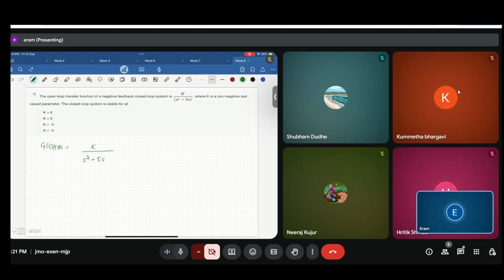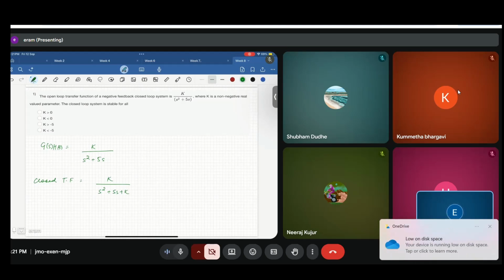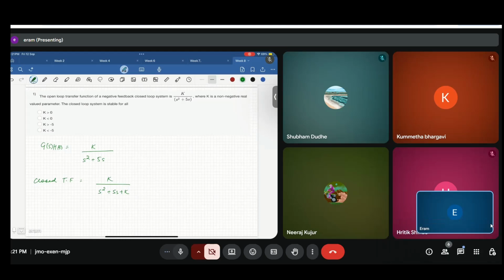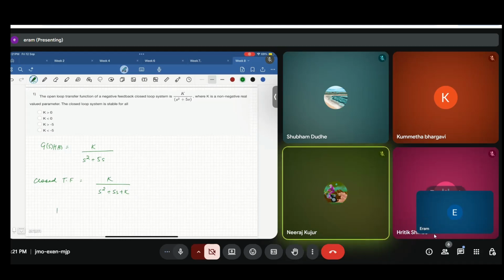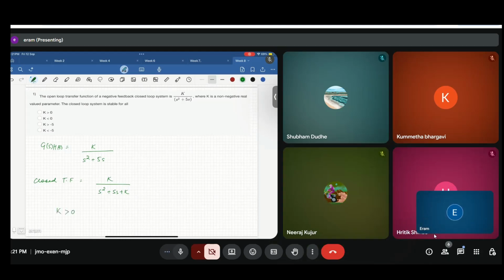So what will be the closed loop transfer function? It will be k divided by s square plus 5s plus k. For what value of k will the roots be in the LHP? Positive values. We have to choose k greater than 0.